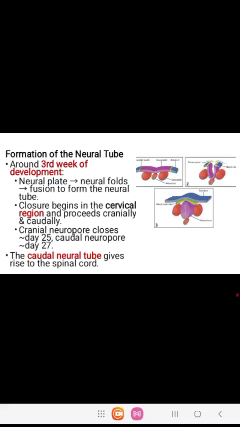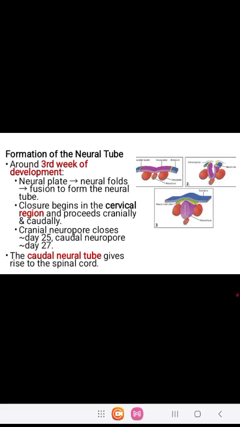Let's talk briefly about the formation of the neural tube. This is actually supposed to have been taken in the previous lecture, but we'll do a little bit of recap. We have the epidermal layer being induced by the somite, and it results in the formation of the neural plate, which later folds to become the neural fold. Then it closes up to become the neural tube.